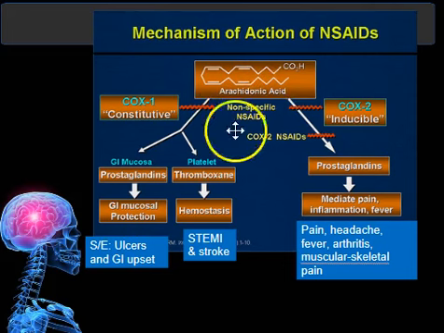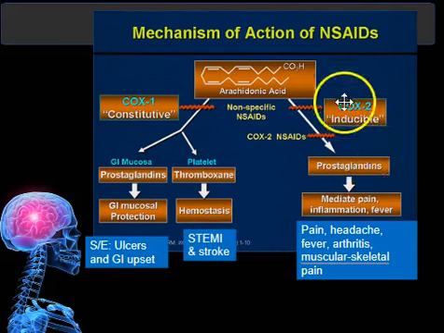Then just to summarize, I know we've talked about COX-1 and COX-2 enzymes. What I've done here is remind you of some of the more commonly encountered side effects, as well as things that are associated with these drugs. With the COX-1 specific inhibitors, we're looking at the side effects of ulceration and GI mucosal upset, and we're using them for patients that have a history of STEMI and stroke.